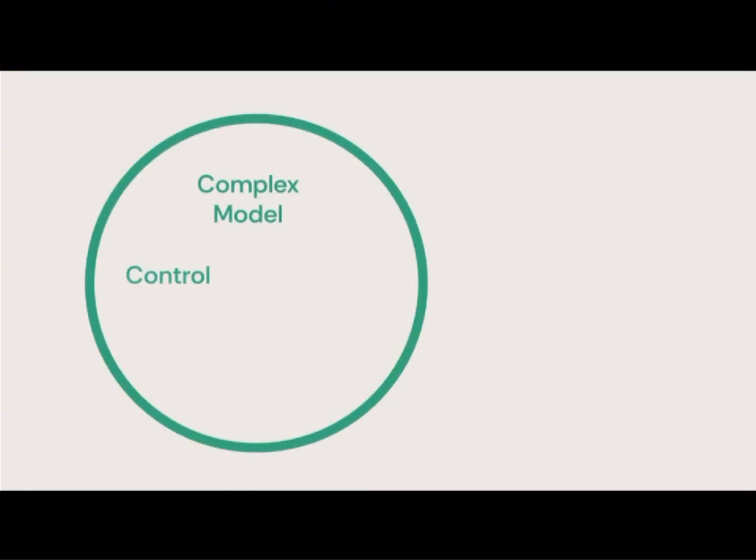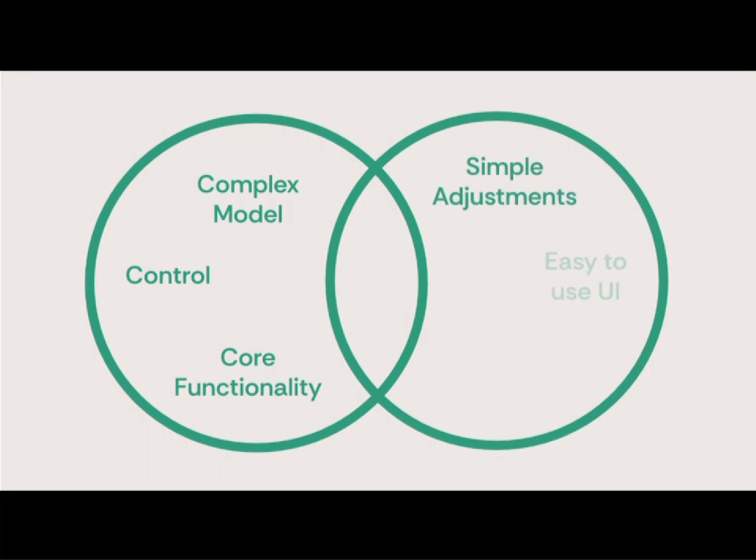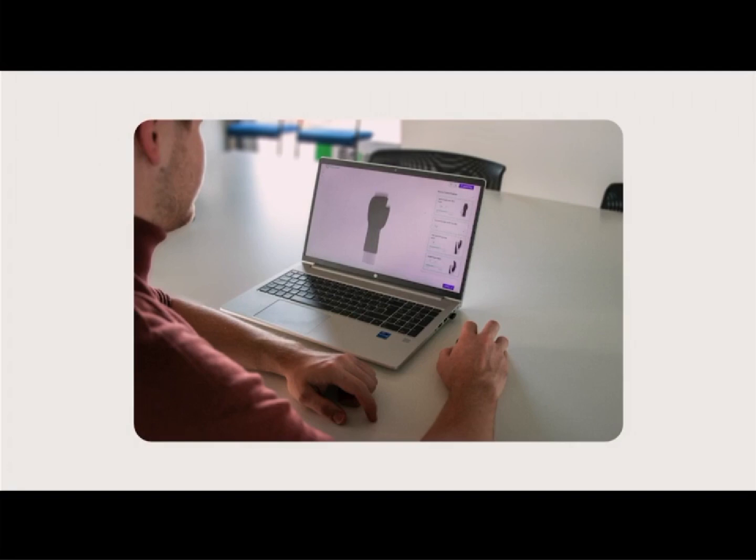And so we try to strike that balance between the control that we offer in our Grasshopper models and the ease with which we can deliver this to our clients. And so I hope you can see where I'm getting to.